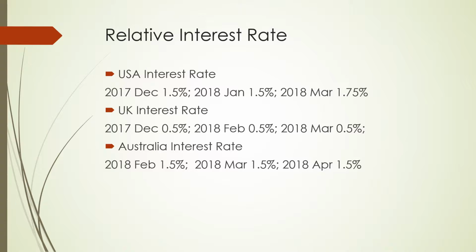The first macroeconomic factor is relative interest rate, and here are the interest rates in three nations. The Federal Reserve System acts as the central bank of the United States of America.